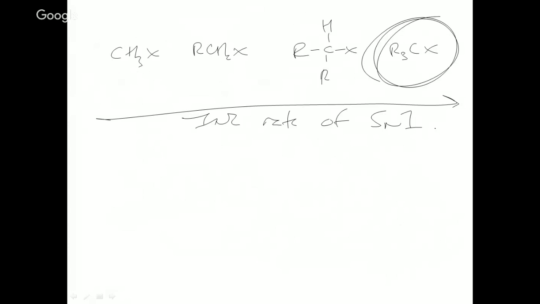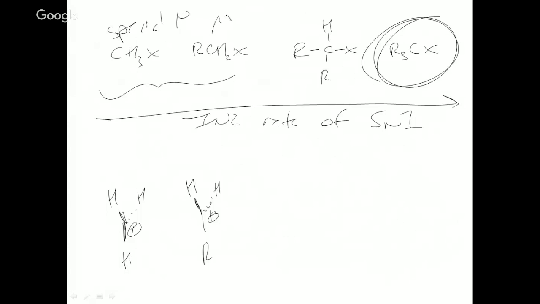And now the rate is going to correlate to the stability of a carbocation. What I want you to memorize, or I guess learn here, is, I'm not putting the p orbitals in there, but you've got a methyl and a primary carbocation. We're going to lump these two together.